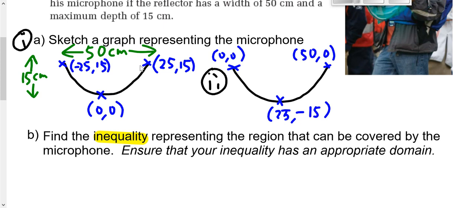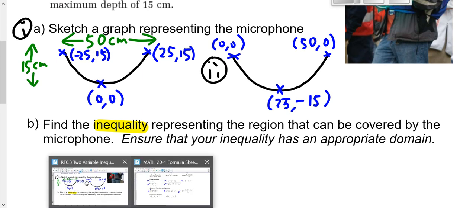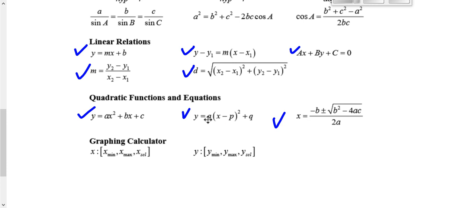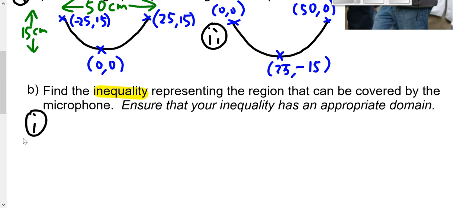Okay, so we are going to take advantage of the vertex form of a quadratic equation. In case you don't remember the vertex form, we just used this formula for the last question. y equals a times (x minus p) squared plus q. So option 1, y equals a times (x minus p) squared plus q.